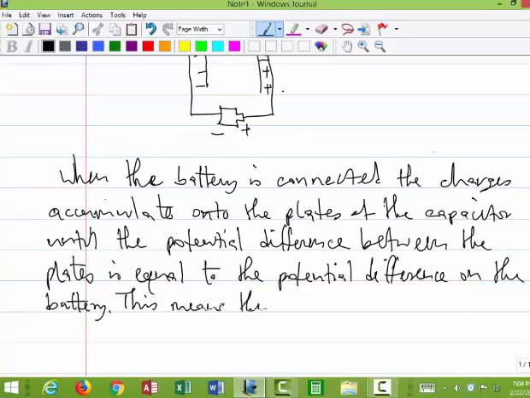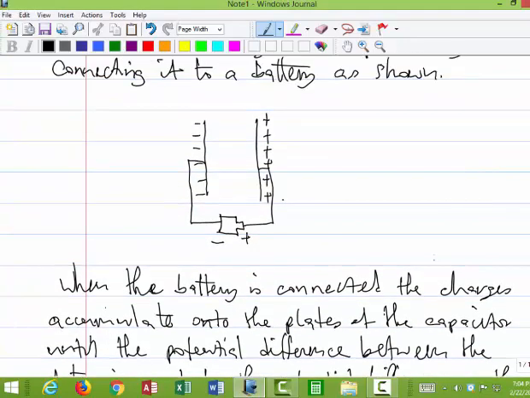This means the capacitor is fully charged. Let D be the distance between the capacitor plates, and the electric field between the plates will be E.